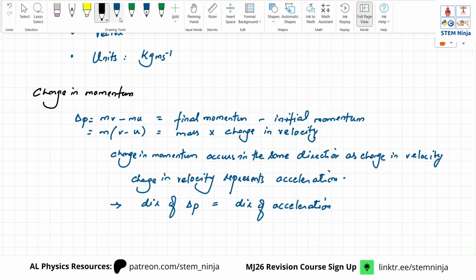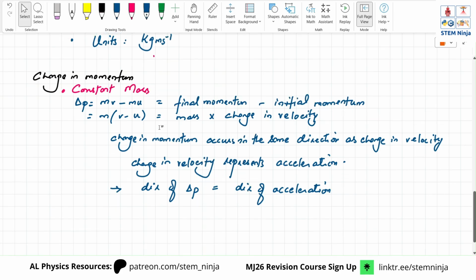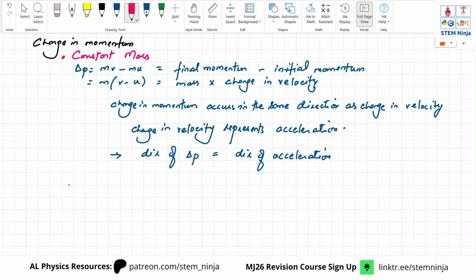Now, this was the scenario where we had constant mass. In most cases in mechanics, we will be dealing with constant mass. But there could be cases where you're dealing with changing mass, non-uniform mass, but constant velocity instead.